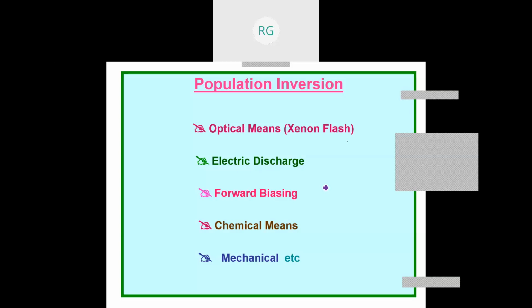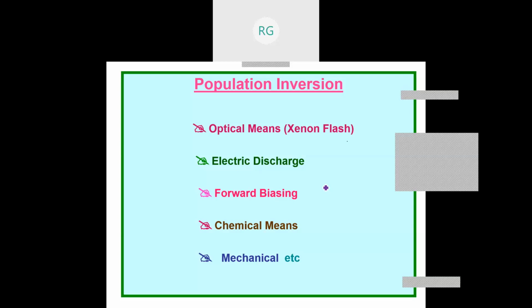That may be incident light, called optical pumping, or electricity, called electric discharge, or a forward bias taking electrons and holes to a higher energy level, or a chemical reaction, or any other mechanical process, or even another laser. Thereby you have different means of achieving population inversion.